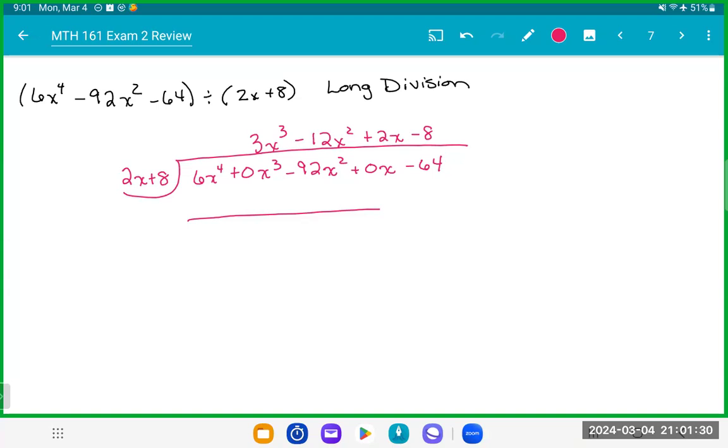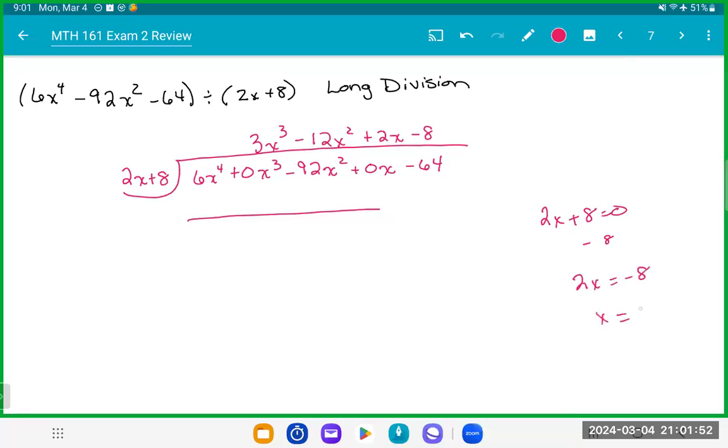You would, except on the exam, I'm going to give you one like this, and this kind of problem you can't do with synthetic division. Oh, okay. Well, actually, this one you could, because you could do 2x plus 8. What makes that equal to 0? Minus 8. So that's 2x equals negative 8.